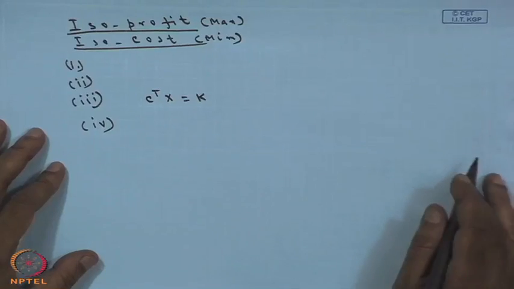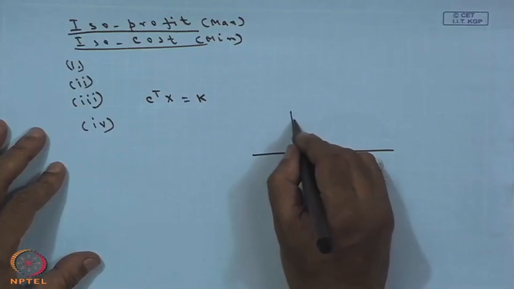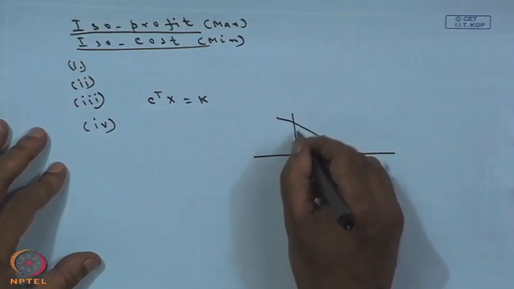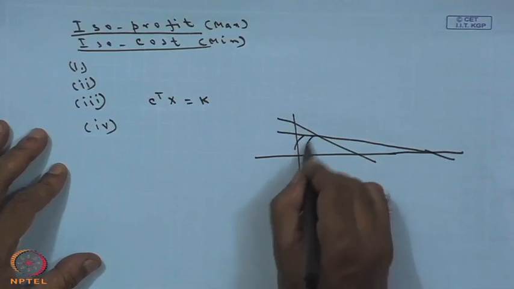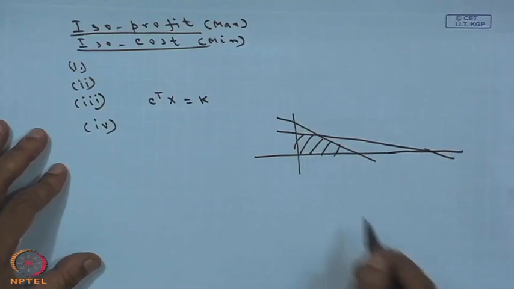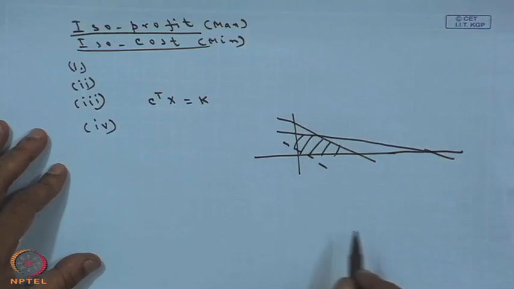Or in other words, if I can draw a line like this, something like this, this is say your objective function. You may draw a profit function, I am talking about ISO profit.